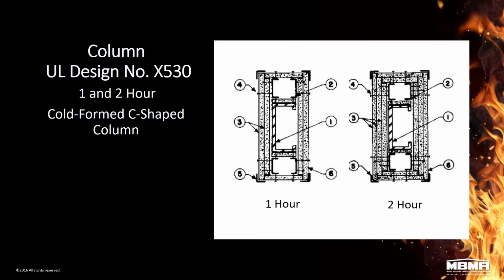Another column assembly that has been around for a while, also for 1 and 2 hour ratings, is a cold formed C-shaped column. This is a very unique assembly, and I think it's the only cold formed column assembly in the UL directory.